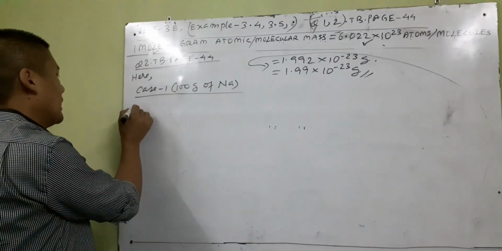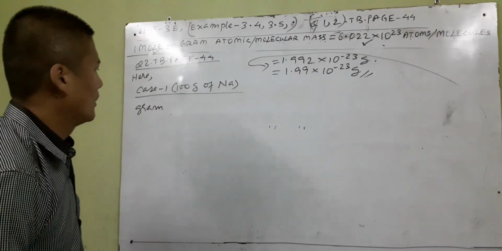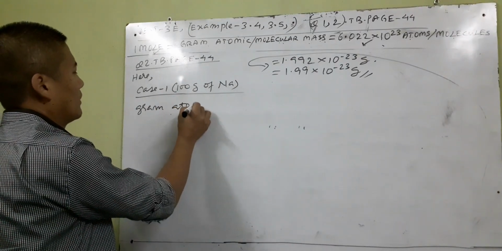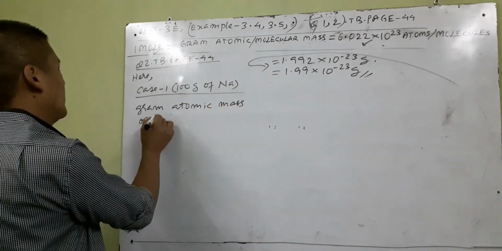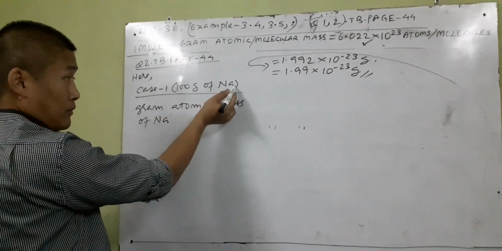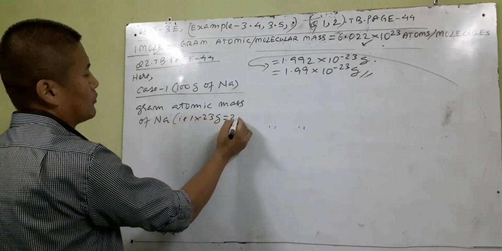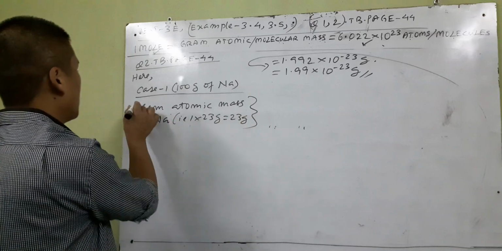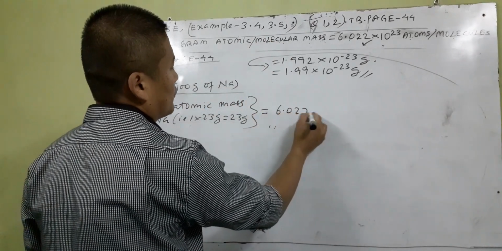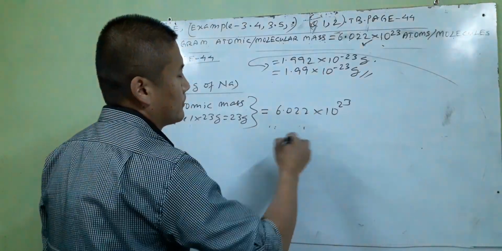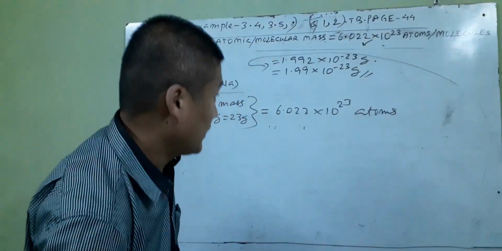Now we know that gram atomic mass of sodium, because Na means only one atom, that is 1 into 23, is equal to 23 grams. This formula we're using, this gram mass always contains 6.022 into 10 to the power 23 atoms of sodium, atoms. So we are using that formula.